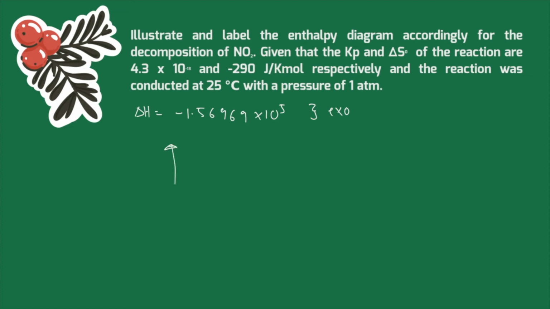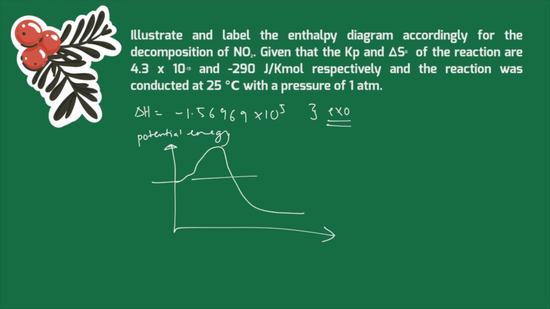So in the enthalpy diagram, most of you are a little bit confused on the label. Here should be the potential energy, right? Not enthalpy, it is potential energy. So since that is an exothermic process, the graph should be like this.